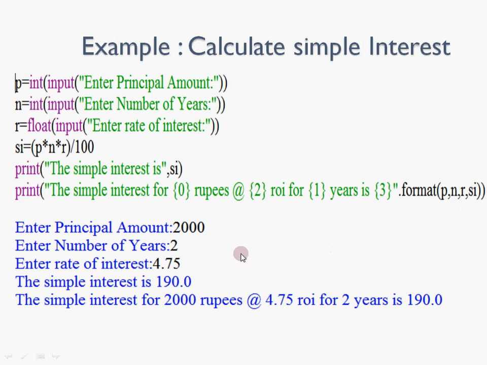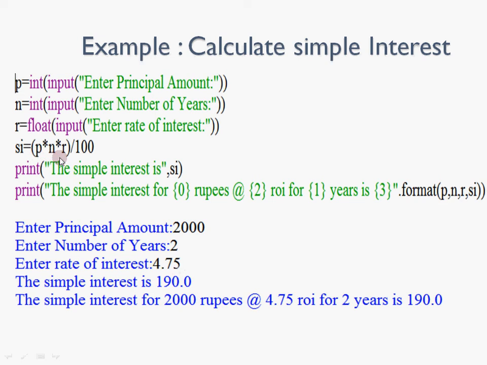So this is the output. First it prompts with enter principal amount. If my input is 2000, next it will prompt enter number of years. My input is 2. Next it prompts enter rate of interest. My input is 4.75.